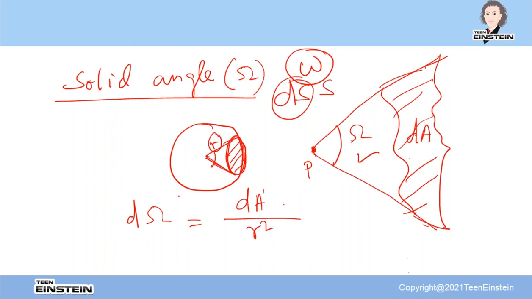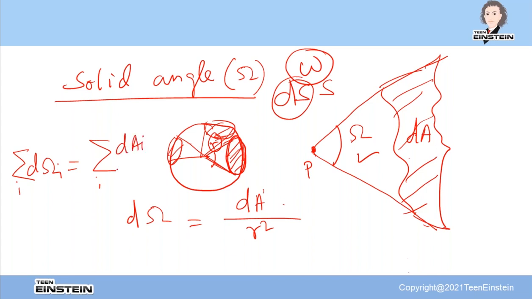I want to calculate the total angle subtended by the whole surface of the sphere. So I have to integrate, or take the summation of these small elements, like here one area element, another area element I can take here. If you take these elements again and again, then take the sum. You can take even a sum for all the elements. So what you get is d omega, and r is constant always.